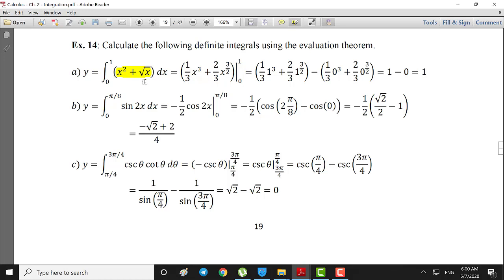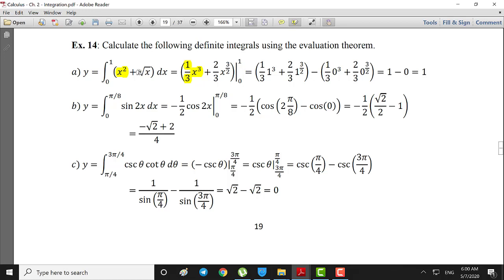Now, what is the antiderivative for x squared plus square root of x? It is 1 over 3 x to the 3. The antiderivative for x squared is 1 over 3 x cubed according to the power rule.